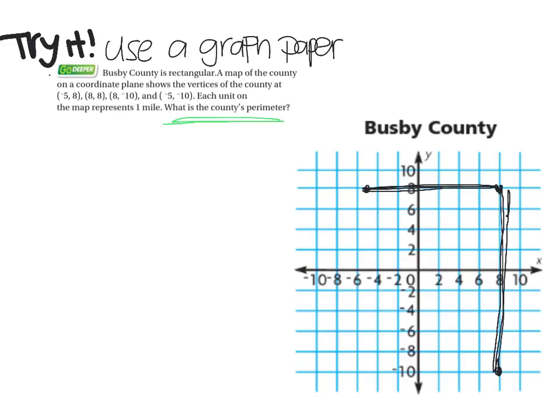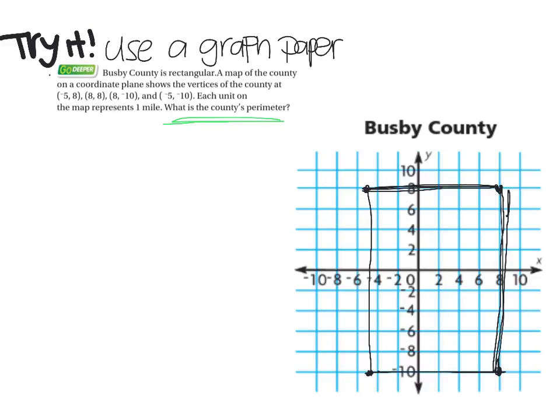And then (-5, -10) would be right there. So once I've drawn it on my graph paper, oops, that was a crooked line. Let's try that again. Now I need to find the perimeter.